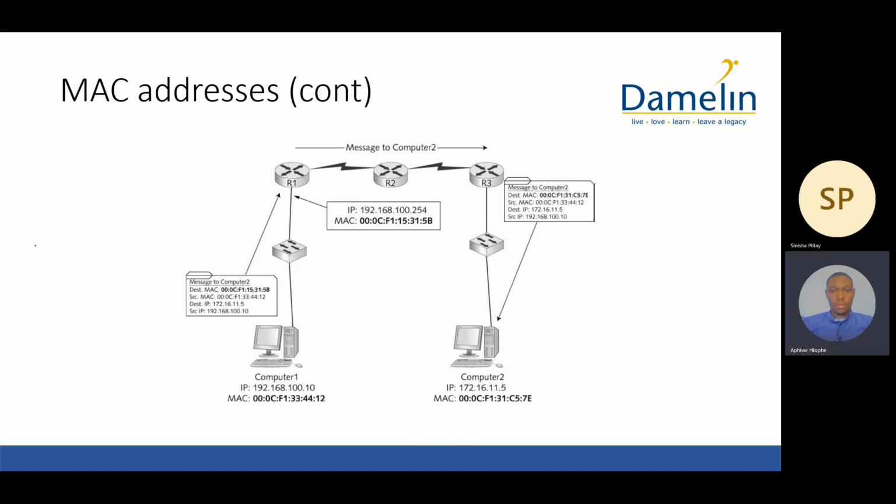So you can see that in a typical TCP/IP communication, MAC addresses are very useful because when a message is sent, it is sent along with the destination's MAC address, okay, the source's MAC address, the destination's IP, and the source's IP.